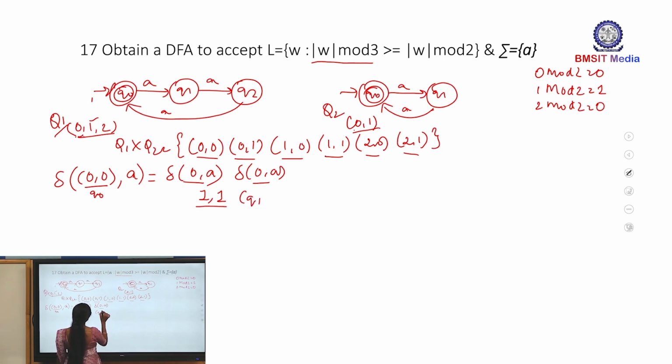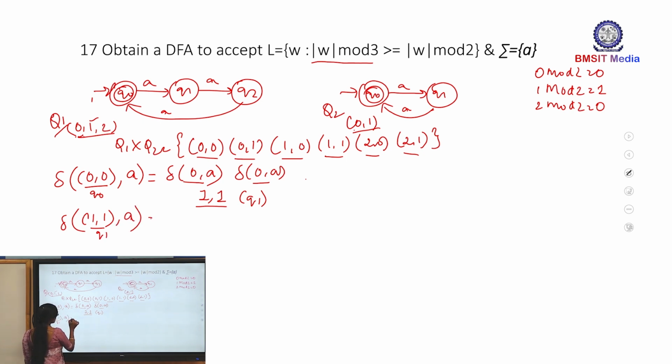Now, this becomes my next state, which I'll call Q1, (1, 1). Now again, I'll start with the next one. My current state is (1, 1), the state Q1 on seeing an A. A is the only input I have here, so I can write delta of 1, A and delta of 1, A. We are in state Q1, and on seeing the next A it makes a transition to state 2.